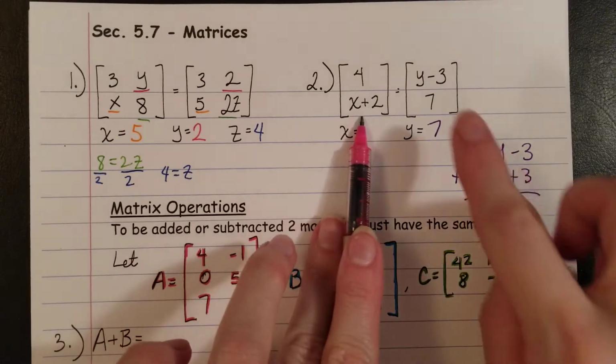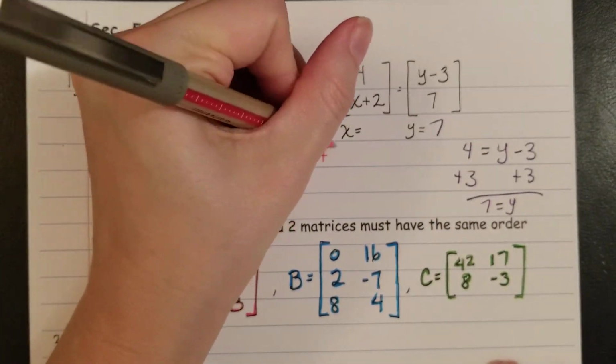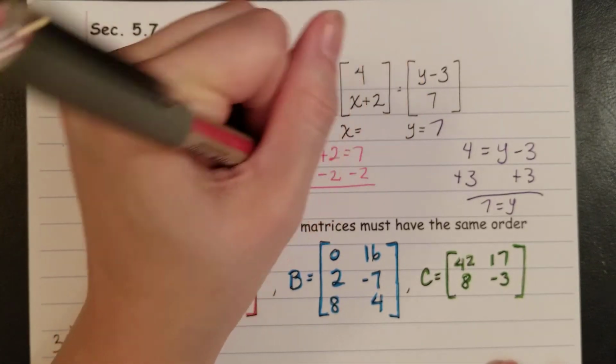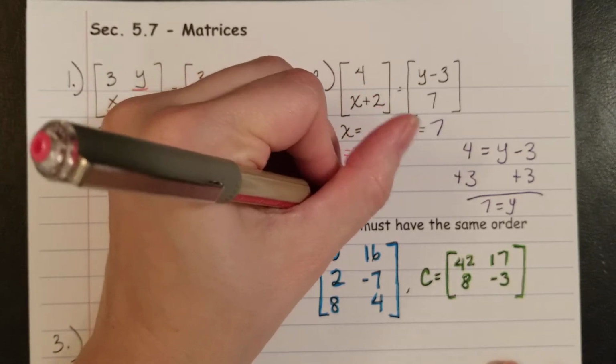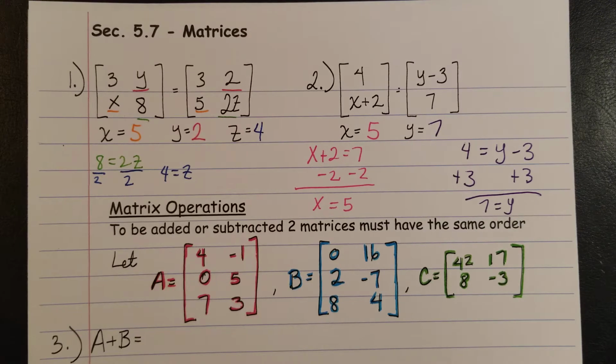And then x plus 2 is equal to 7. And then just subtract 2 from both sides, so x equals 5. All right, so that's that.